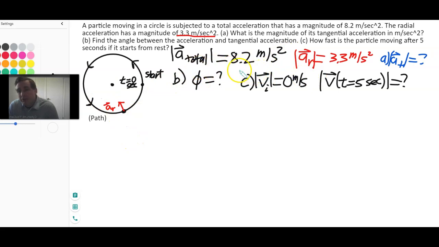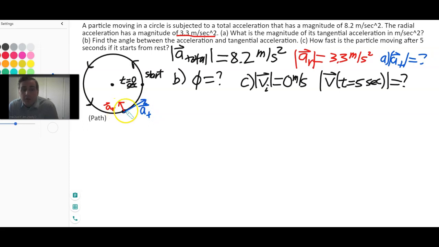Because the total acceleration is 8.2 meters per second squared, I believe the tangential acceleration is probably a little bit larger. It should also be tangent to the path the object is moving on. So something like this. This is AT, the tangential acceleration.